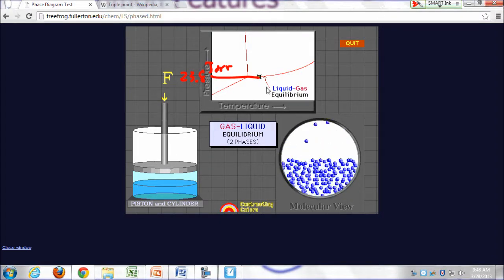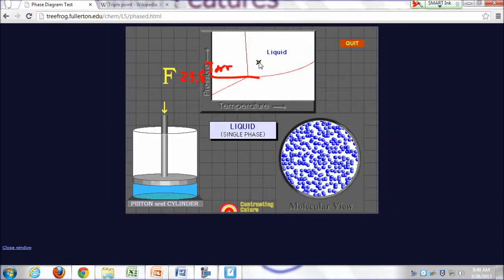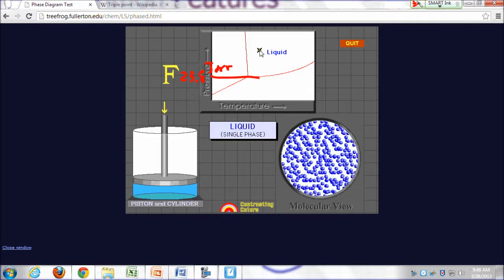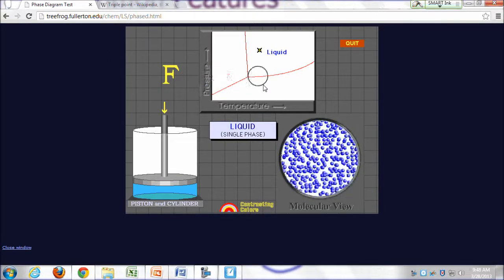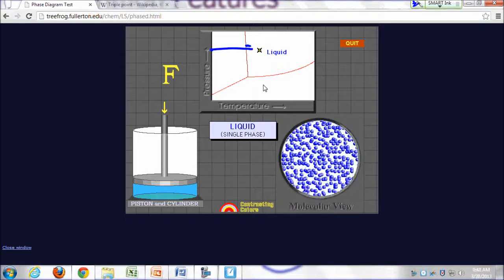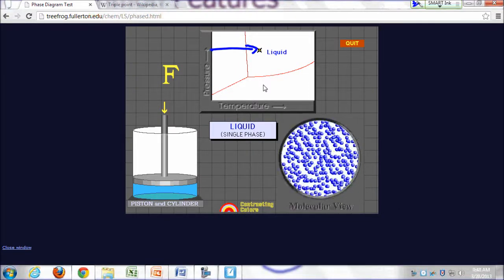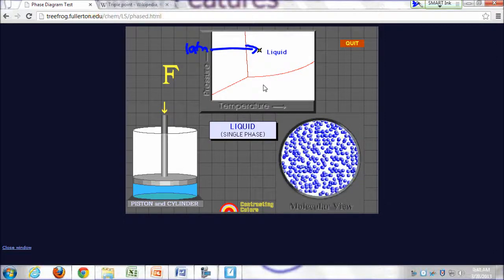Then I have to go up to 760 torr. So what happens? Everything turns into a liquid. So at higher pressures, if you were to subject your water to a pressure of 1 atmosphere, for example, everything's going to be a liquid. You'll be in the liquid region.